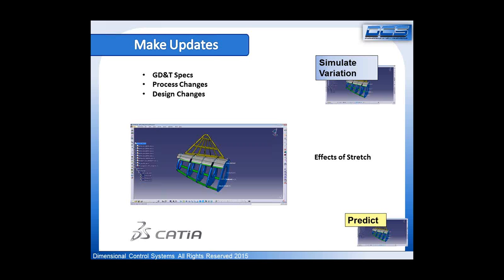So the outcome from this can simply be a better understanding of what the effects of a particular deformation characteristic are, and we can now account for those in terms of changes to a manufacturing or assembly process.